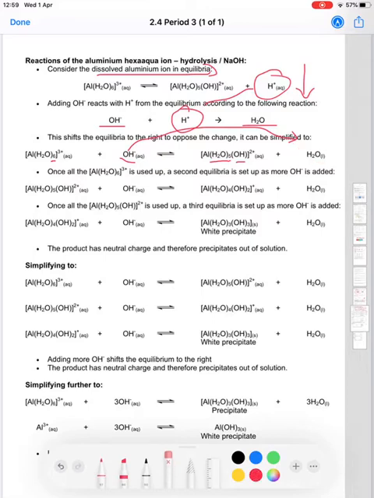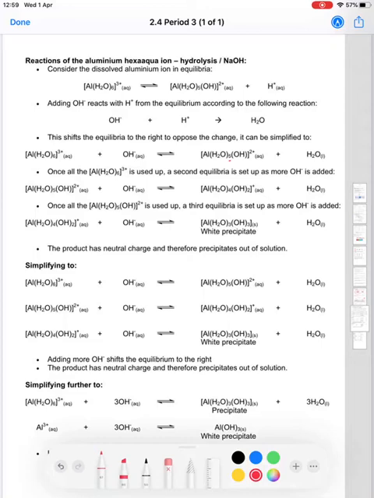Let me just go over that again. So as I add hydroxide here, it reacts with one of the hydrogens in one of the waters.